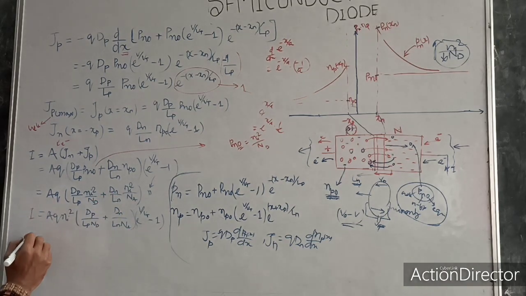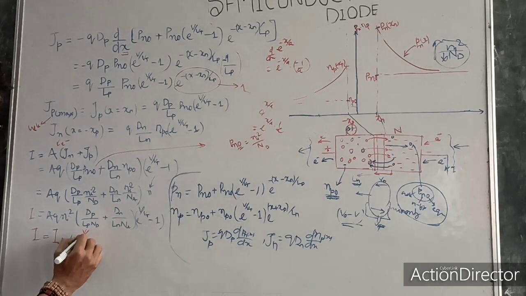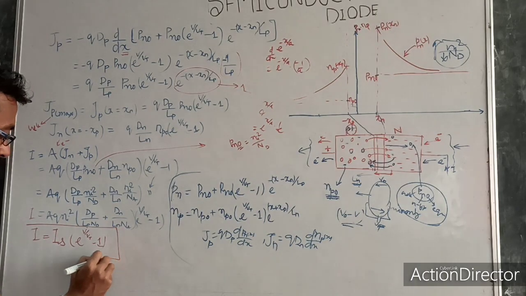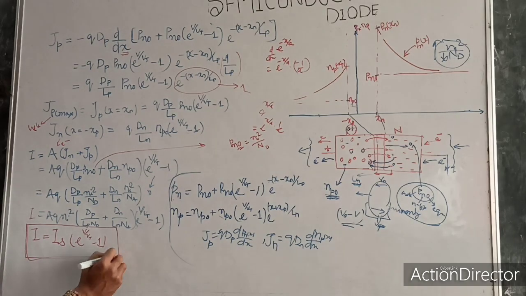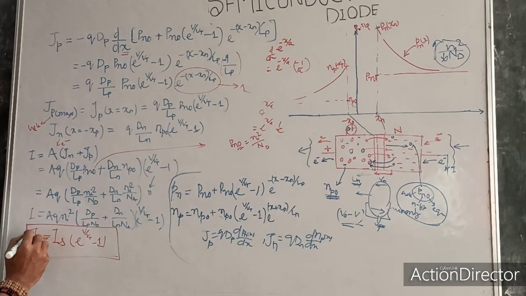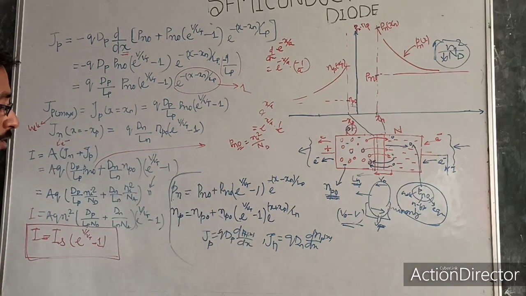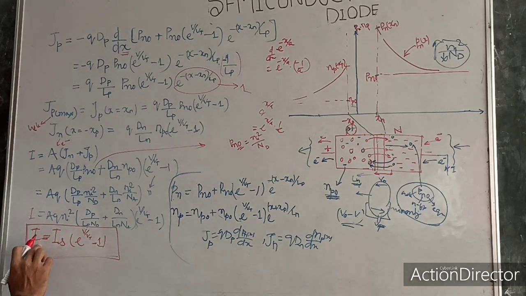So this is my current, this is the total current. This total current can be written as Is into e power V by Vt minus 1. This is our final derivation, that the current is nothing but Is into e power V by Vt minus 1. For this derivation we did a lot of things, to find this I value in terms of these quantities.